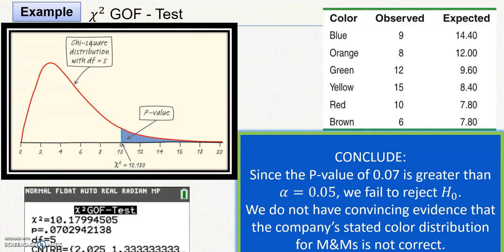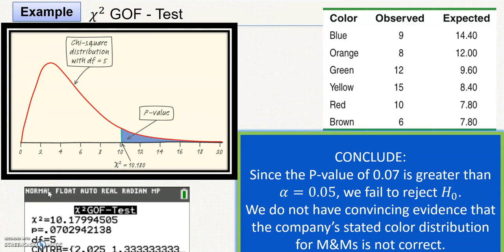And so this particular graph here is a chi-square distribution with a degree of freedom of 5. You notice our p-value here is in the tail. Now, as your degrees of freedom increase, your distribution will become less skewed, so it will even out just a little bit, but it's still going to be skewed to the right.